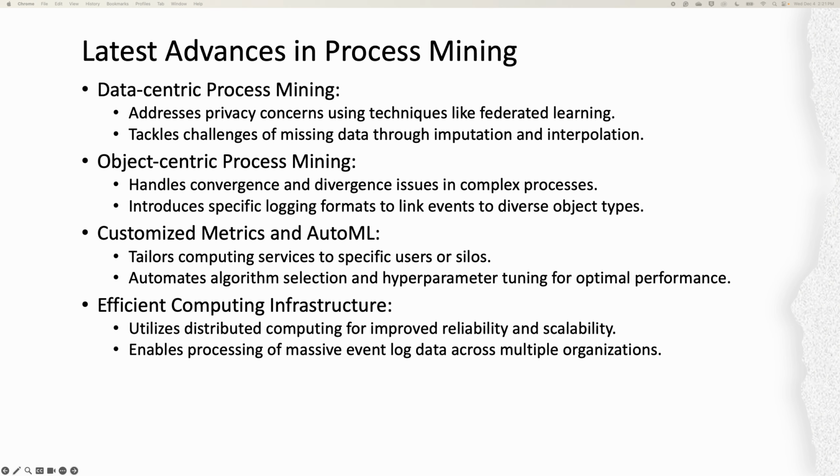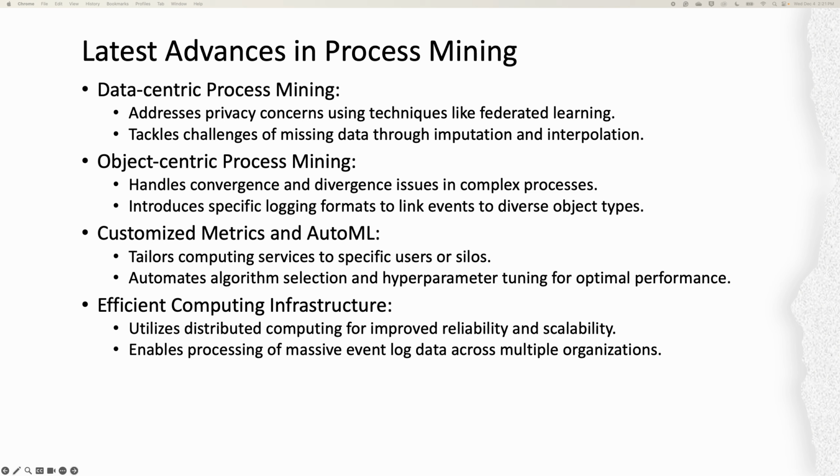With the integration of AutoML, process mining can become a much better process because we can tailor computing services to specific users or silos or organizations. Even the algorithm selection and hyperparameter tuning for optimal performance can be automated. And the last one is efficient computing infrastructures.